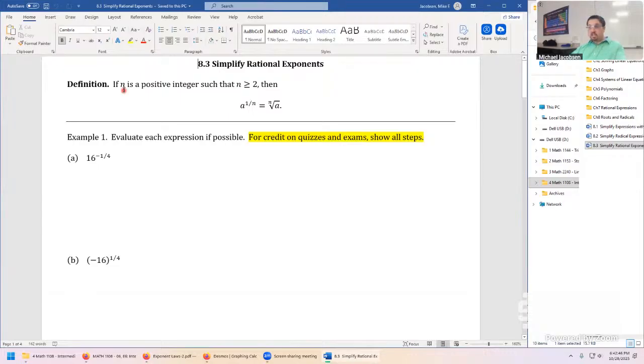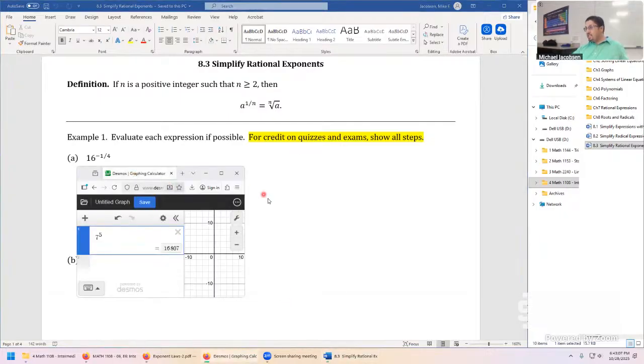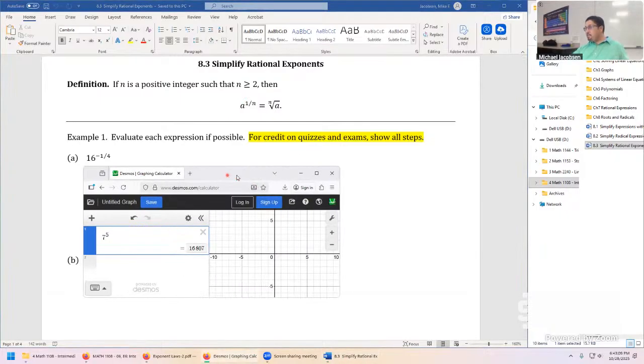If n is any positive integer, that means it could be thought of as an index if it's larger than 2 as a positive integer, the nth root of a just means you're dividing by n. So a to the power of 1 over n is just the literal definition of the nth root of a. So we've looked into lots of things in the calculator before when it came to this idea.